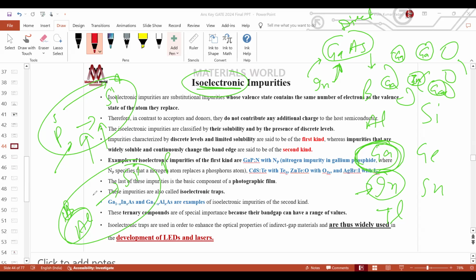We have already learned in defect reactions how this mixing can create defects, Frenkel or interstitial as well as Schottky or vacancy. But this isoelectronic impurity will not create any defect or charge imbalance because they have the same charge, same valence electrons, the same valency.